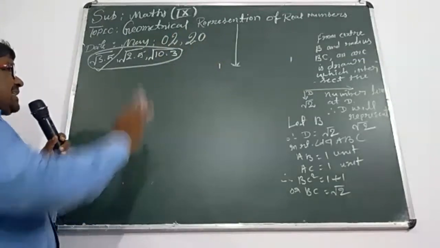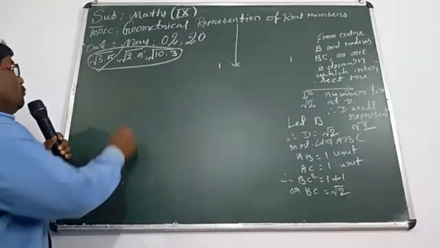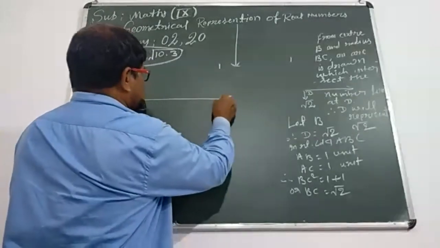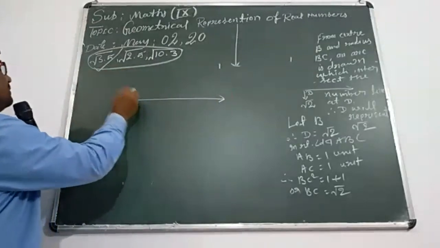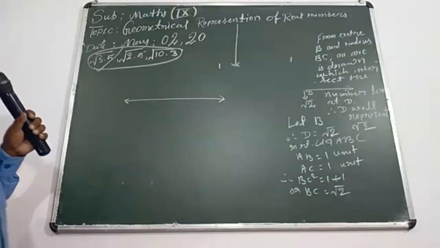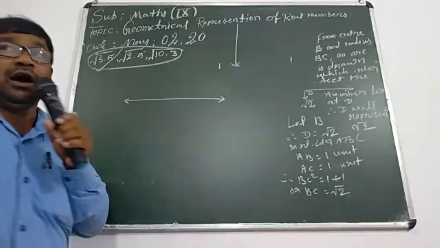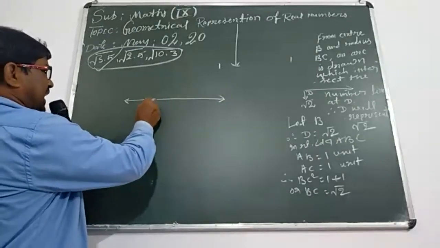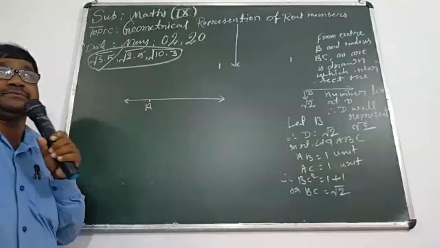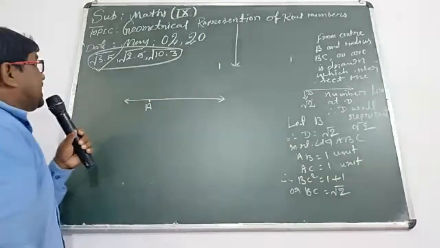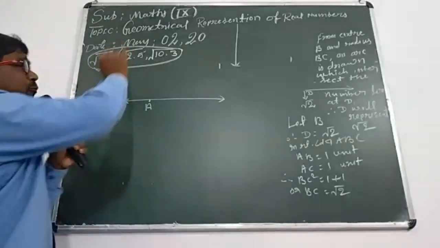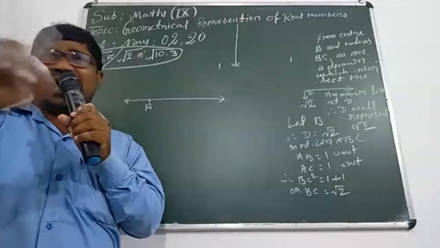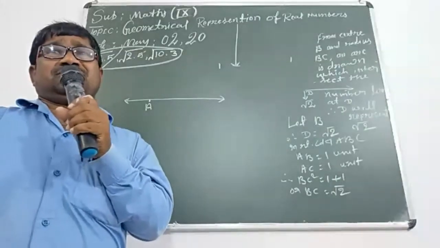Think the process. Step first, we will draw a line here. We will draw a line here first of all. Suppose that this point is A on the number line. Now student, 3.5 centimeter, inch, etc. is not given.